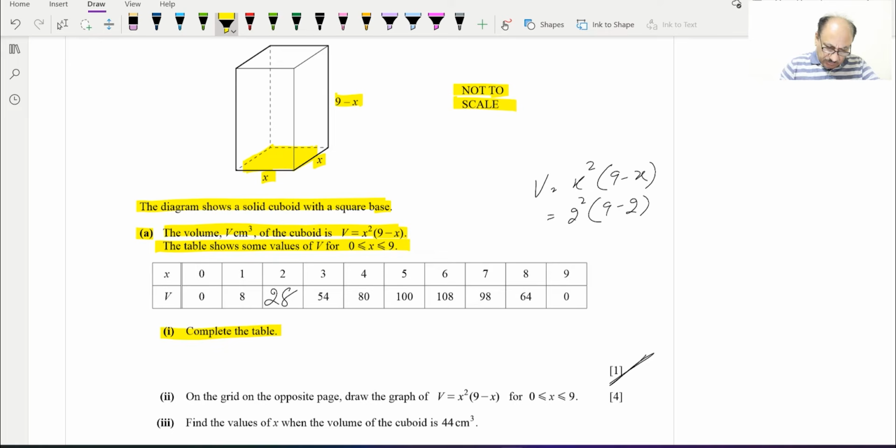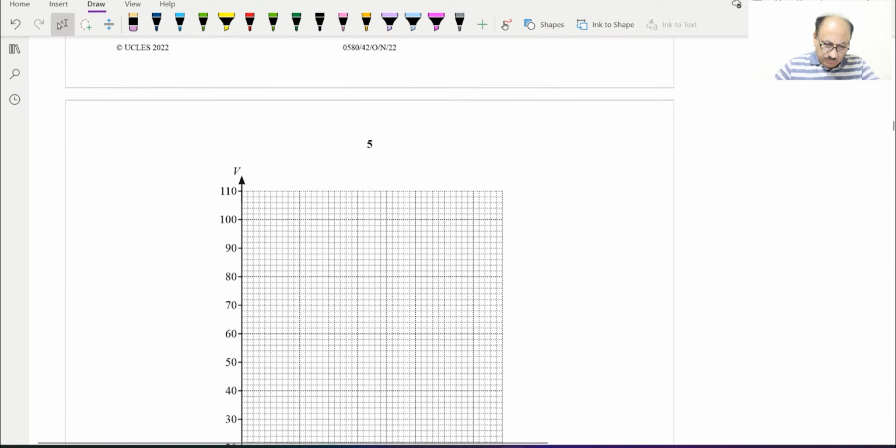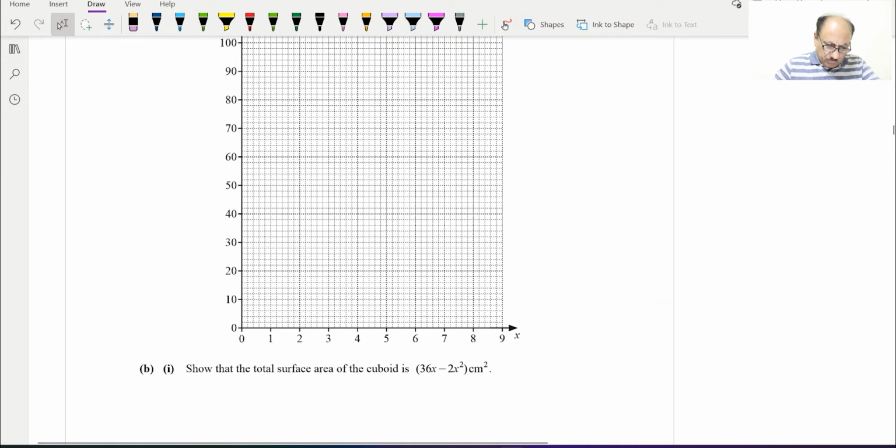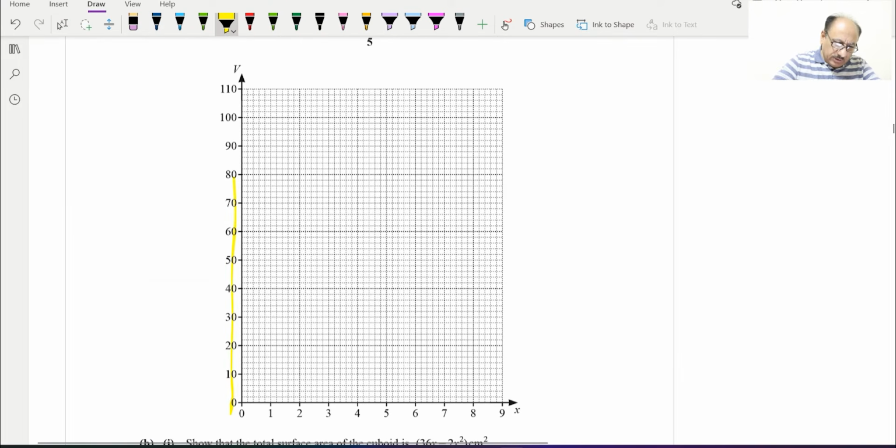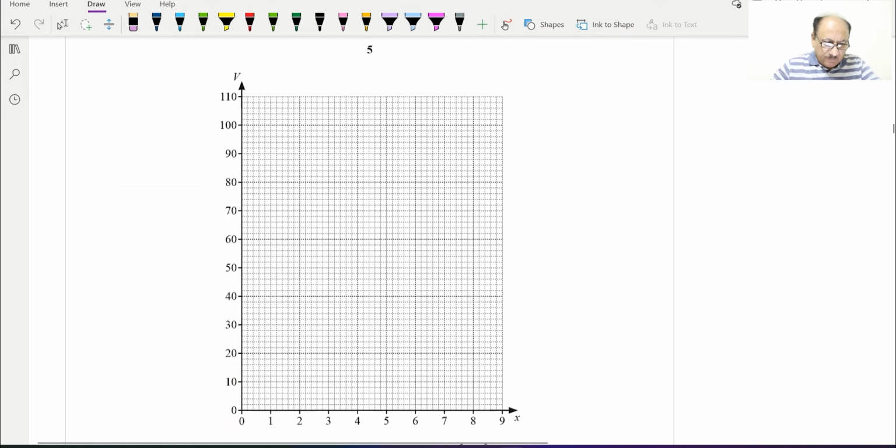The second part says, on the grid on the opposite page, draw the graph of this. So we need to draw this table of values on the graph provided, and drawing this graph is a 4 mark question. We have values from 0 to 9 on the x-axis and from 0 to 110 on the y-axis.